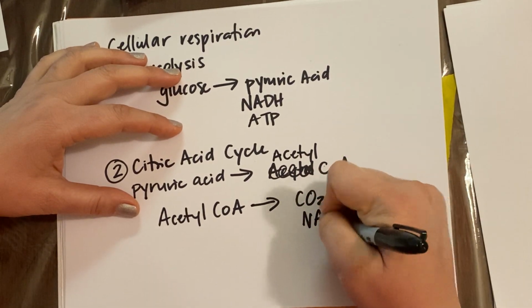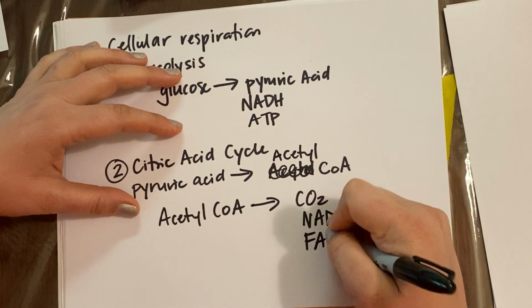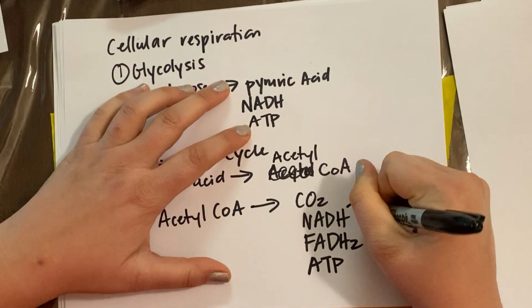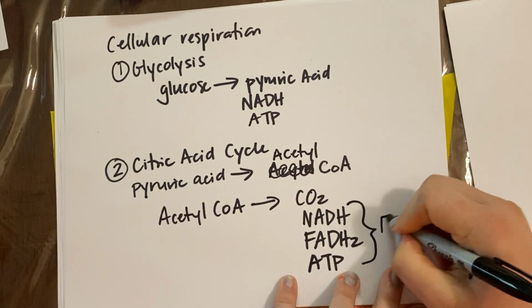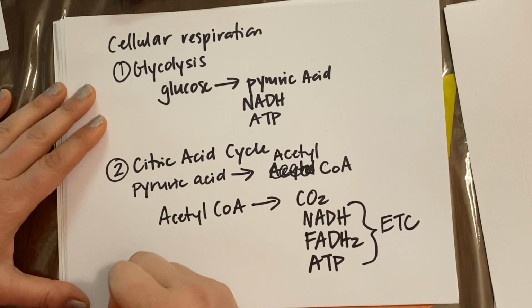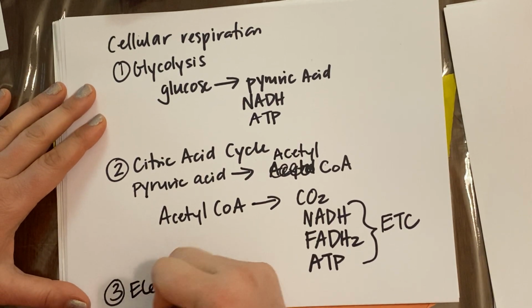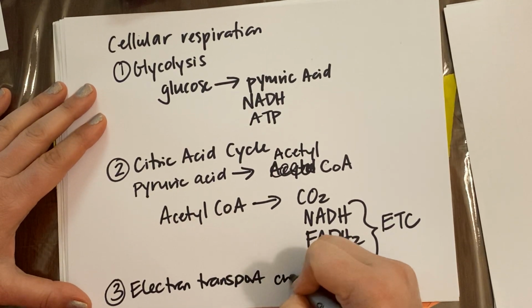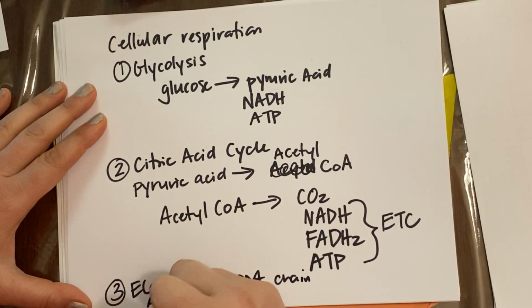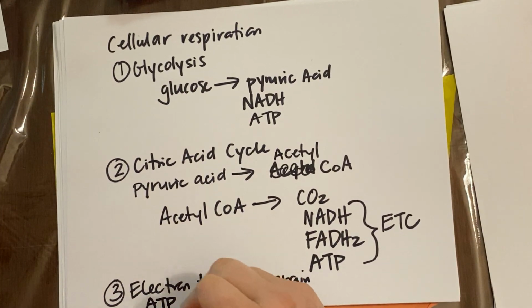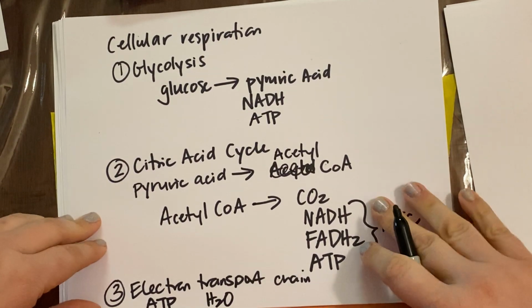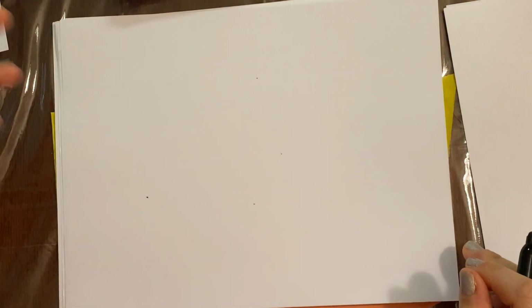We'll have NADH that's made, FADH2, and ATP. And then this stuff goes into the electron transport chain, okay? So this is where we make a bunch of ATP, and we also will make water at the end, okay?